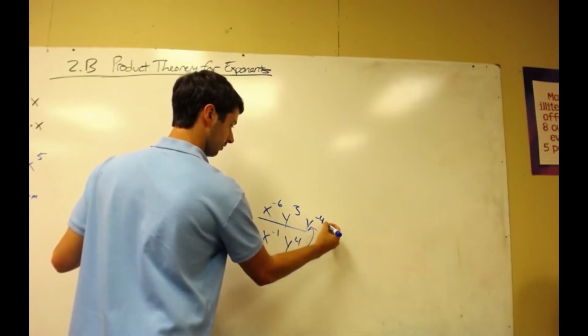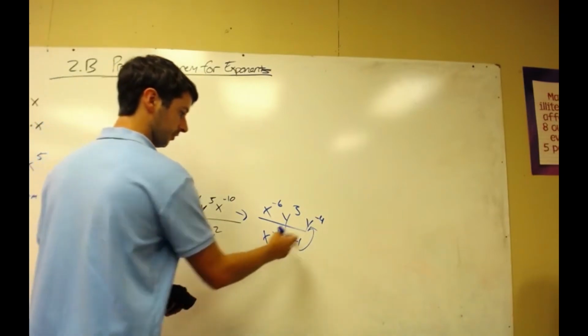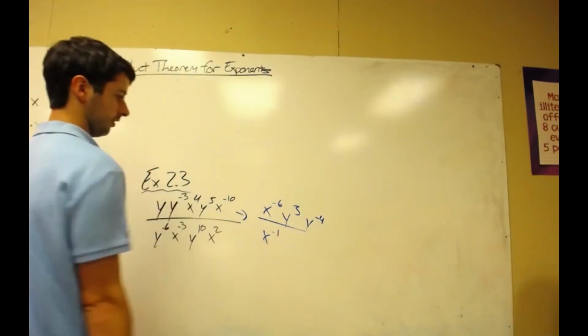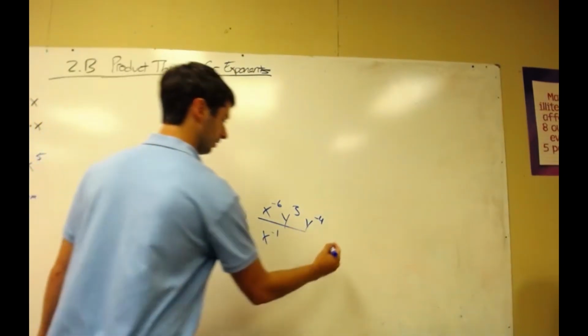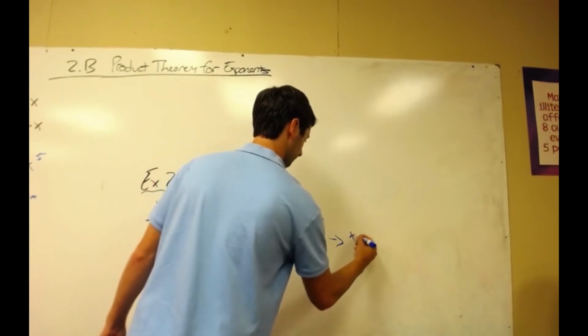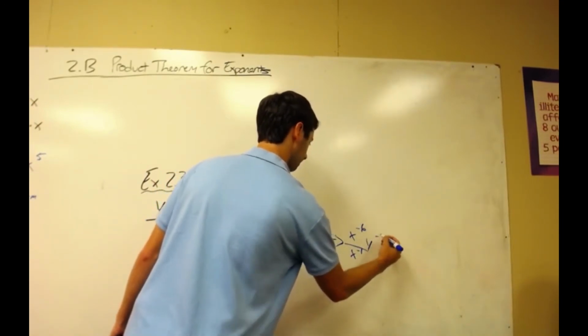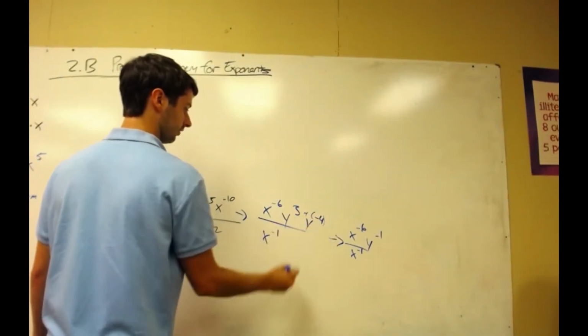You simply switch the sign of the exponent. So if I moved it to the numerator, now it looks like that. Add those together. 3 minus 4 is negative 1. So we're at x to the negative 6 over x to the negative 1, y to the negative 1 when we add the sum.